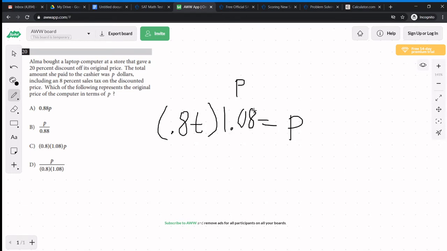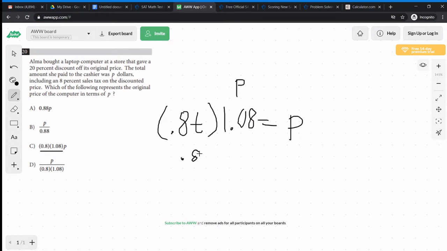So that's to get all of 0.8T plus an additional 8% sales tax. We multiply 0.8 and 1.08 together, or actually, we don't have to, they keep them separate here.